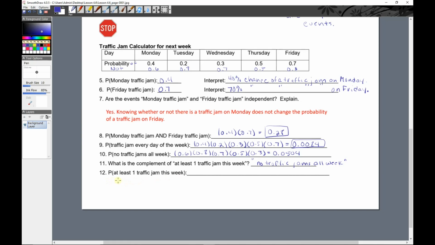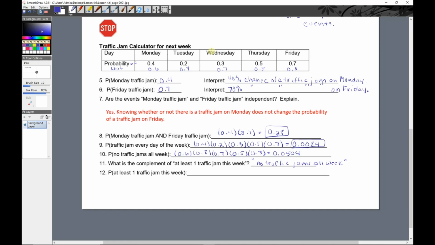So what is the probability of at least one traffic jam this week? Well, this can get complicated because you could have a traffic jam on Monday and none of the other days. Or you could have one on Tuesday and none of the other days. Or Wednesday and none of the other days. You could have Monday and Tuesday with traffic jams and not these three. Or Thursday and Friday could have traffic jams but not the first three. I mean, there are so many ways of having at least one traffic jam that you could take forever to answer this question.